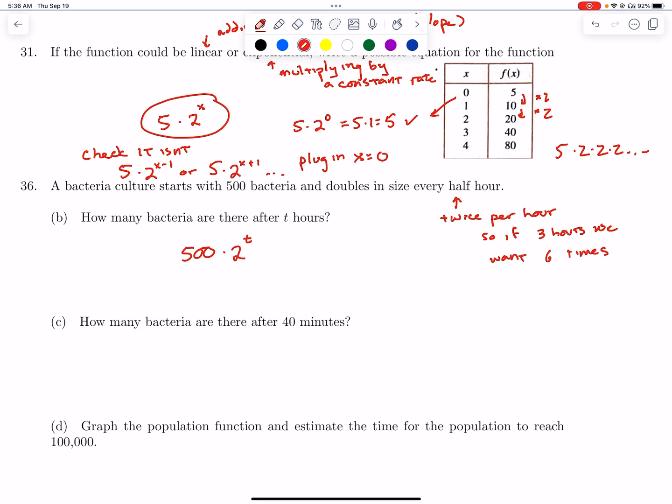So I think not just 2 to the t, I think 2 to the t times 2, or 2t, of course. 40 minutes is 2/3 of an hour. So we just type in, and I forgot to bring my calculator home, so I have no idea how much that is. Sorry.